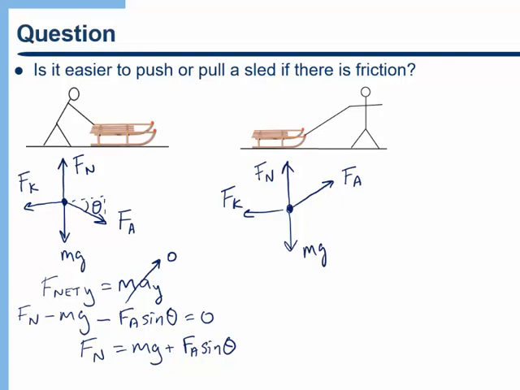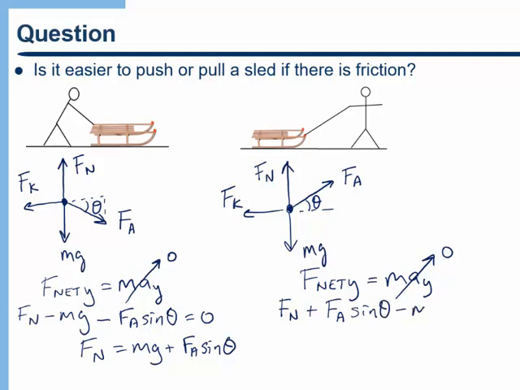Now, if we look at our example of pulling, the net force in the y direction, again, is equal to may. Again, no acceleration. But now if we look at the forces, we can see that we have Fn acting up. We also have the component of Fa now acting in the positive direction, and only mg acting in the negative direction. Therefore, the normal force is going to be equal to mg minus Fa sine theta.